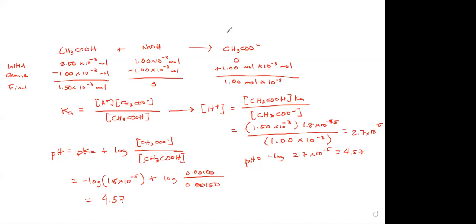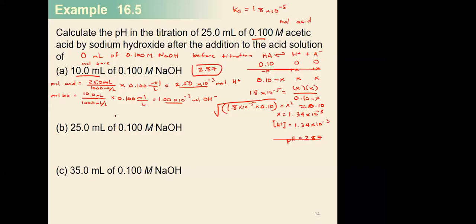So if we're going to go back, from 2.87, after we add 10 ml, it now becomes 4.57. Now, does this number make sense? Yes, we expected the pH to be higher.